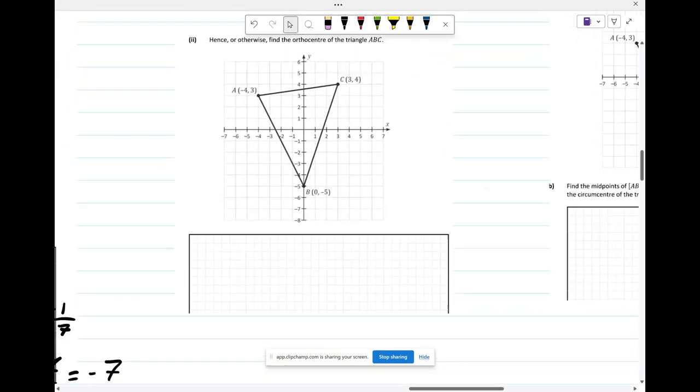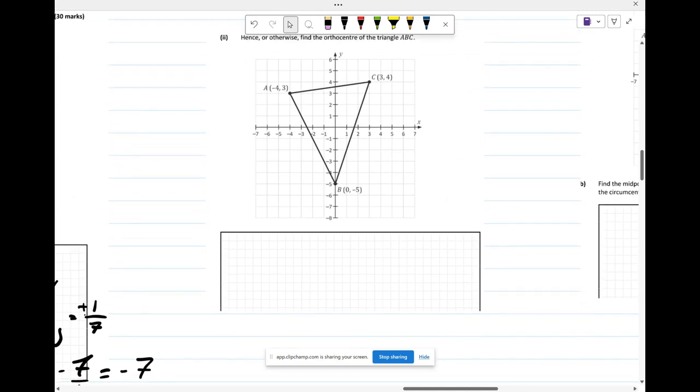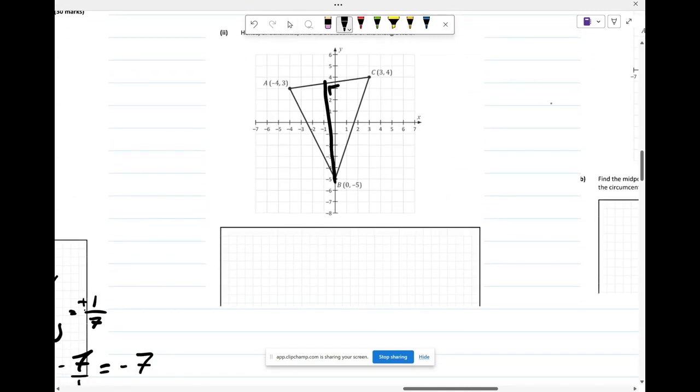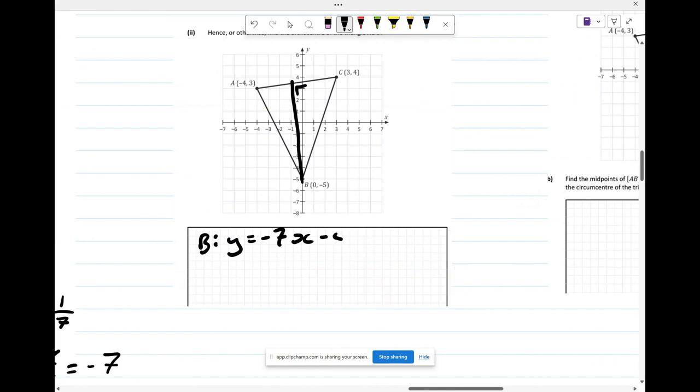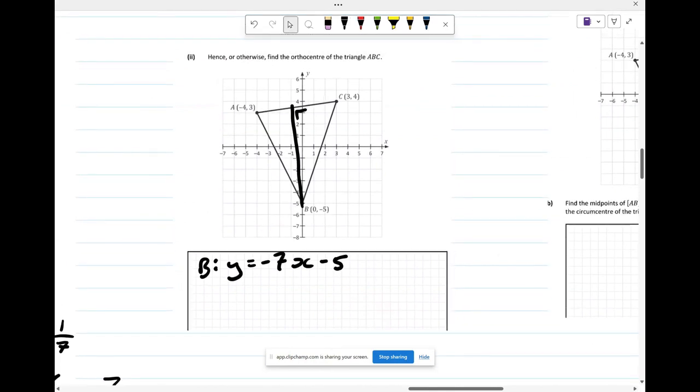So let's do that. So if we have this here, this was y equals minus 7x minus 5. Let's just choose any of them. So let's do from A. So it's the exact same construction. We can find the slope from here to here. This is going to be the opposite slope, and then we're going to use the slope and a point to get our equation.